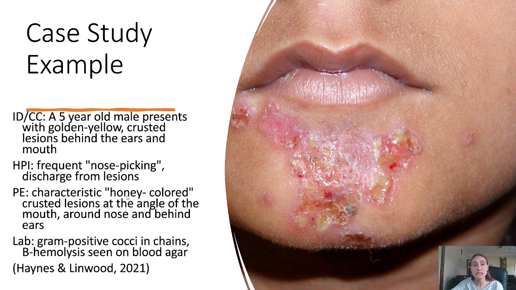He had the characteristic honey-colored crusted lesions at the angle of the mouth, around the nose, and behind the ears. The lab results also showed gram-positive cocci in chains, beta hemolysis seen on the blood agar. So all of these led to the diagnosis of impetigo. So then they knew what this 5-year-old had and how to treat it.